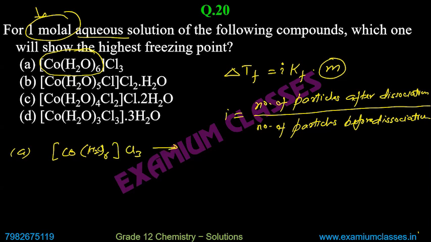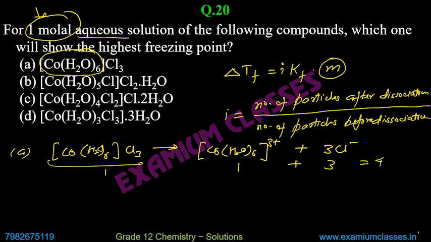It will get ionized into [Co(H2O)6] and 3 Cl minus ions. So total number of ions after will be 1 plus 3, that is 4. Before 1. So in this case, I will be 4 divided by 1. That is 4.